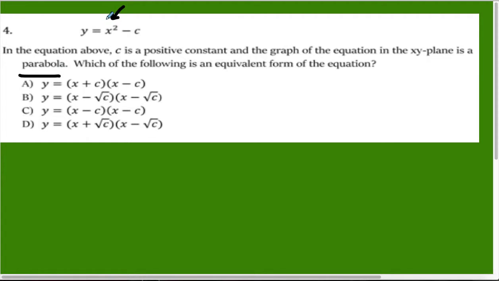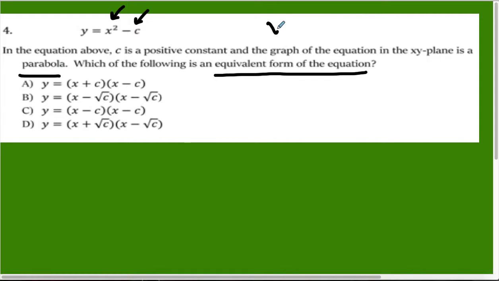Now remember, we factor parabolas, and they can have up to 2 solutions. Which of the following is an equivalent form of the equation? There's that equivalence again. They want to say, what's another way for us to write this? Well, it's tricky because it looks like difference of squares, but I don't really know what C is.